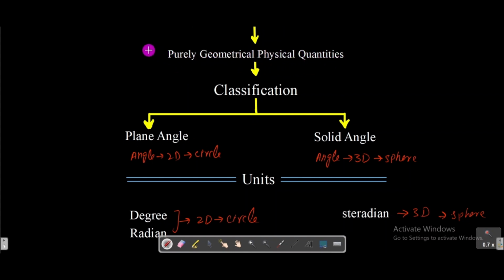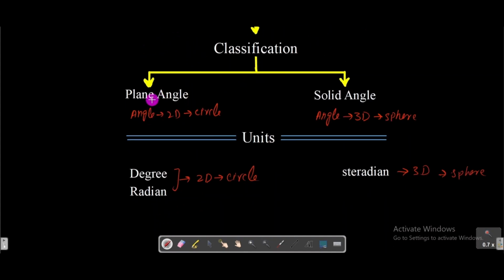According to the System International, they are called supplementary quantities, and we classify them into plane angle, which is 2D, and circle, covering the degree and the radian. Similarly, the solid angle is 3D, valid for the sphere, and its unit is called the steradian.